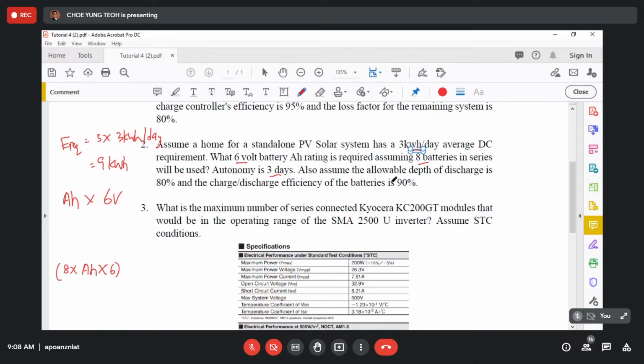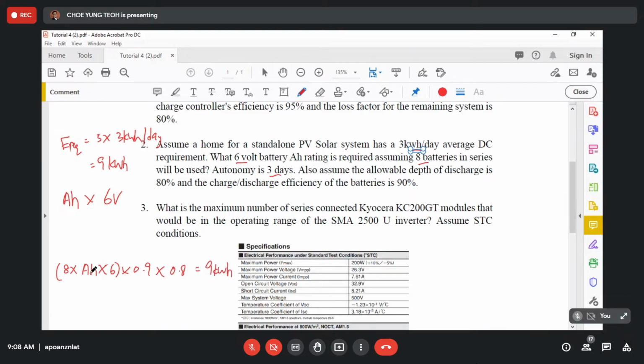The charge and discharge efficiency is 90%, so when I charge the battery, there's a 10% loss. Then there is the depth of discharge. You can only use 80% of the energy in the battery, so 0.8.